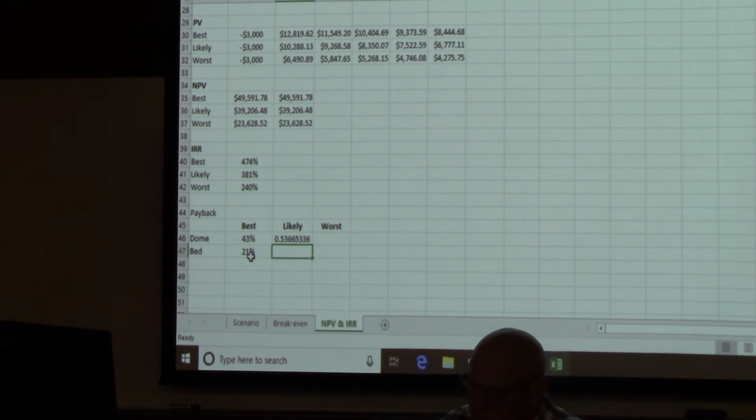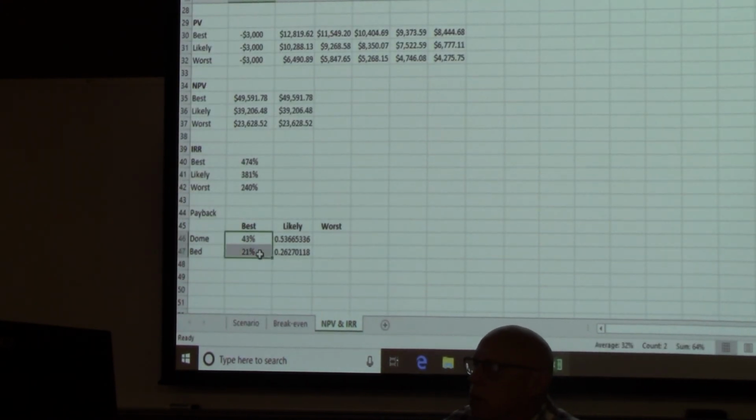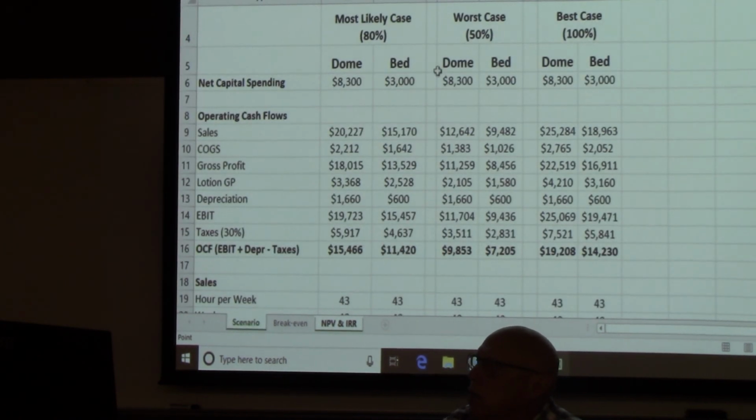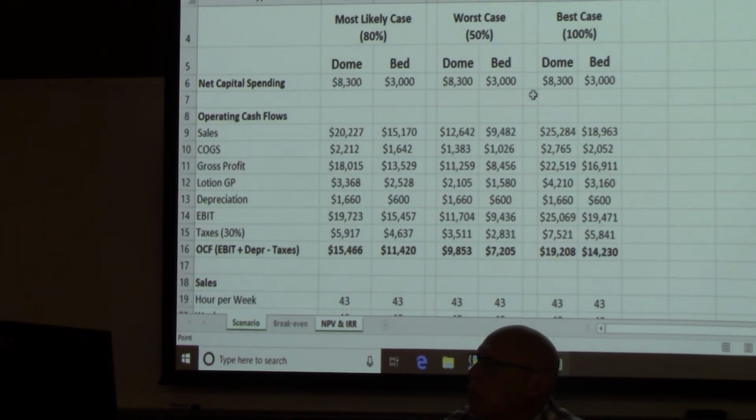And it's equal to the cost divided by the operating cash flow, and is equal to the cost divided by the operating cash flow.